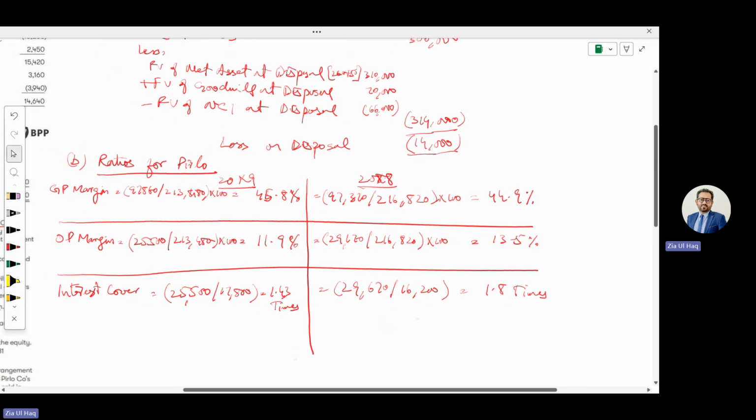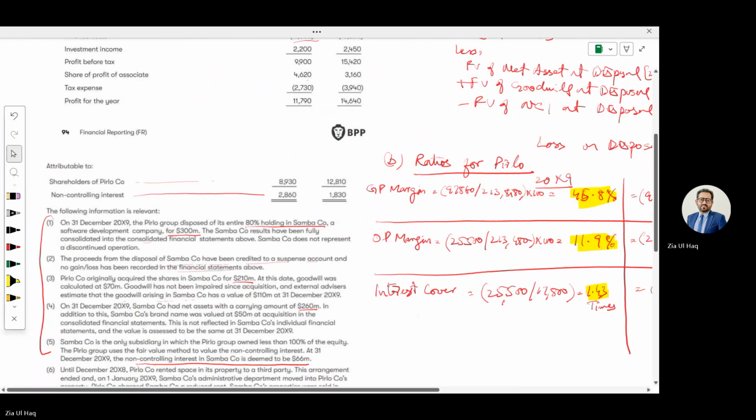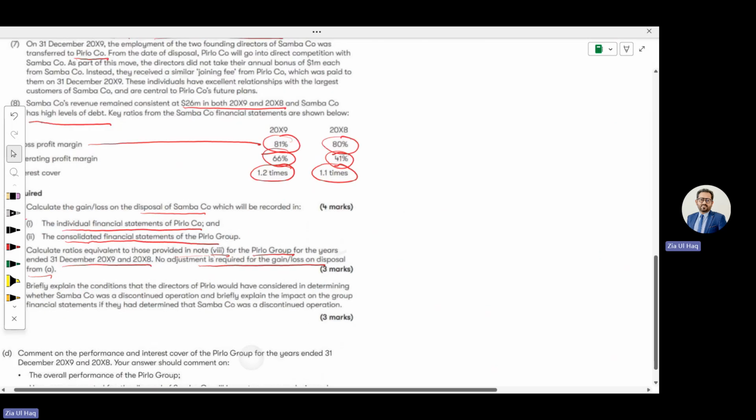So if we see, GP margin has increased slightly, operating profit margin decreased, and interest cover increased. Okay, we have calculated this for requirement B.